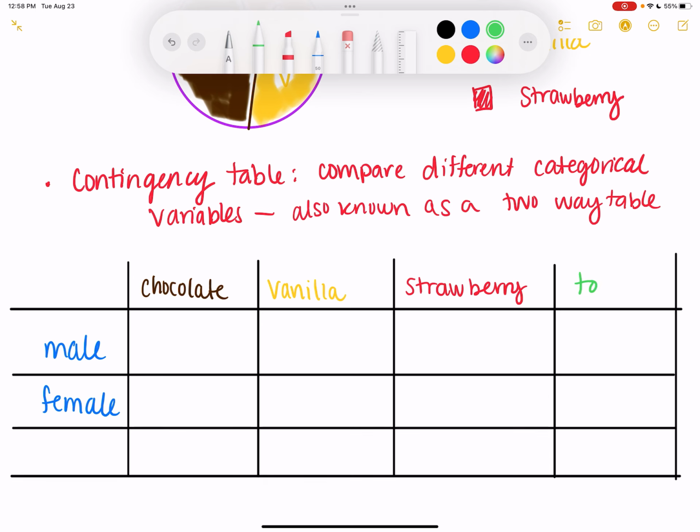And then the last column is going to be total, and the last row is going to be totals.